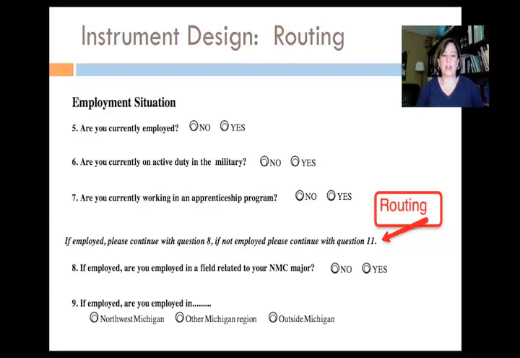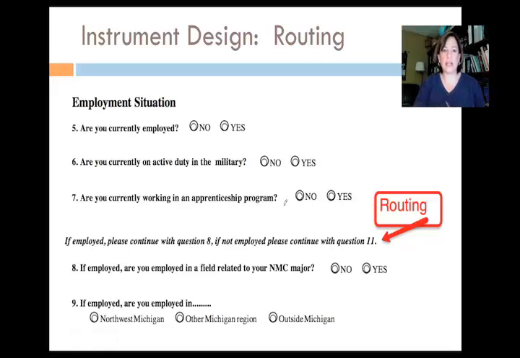And so this is an example of routing. It's harder to do this in a paper copy type survey, or a survey that the person is going to see, because you have to ask kind of these if statements. If you said this, then can you answer this question?